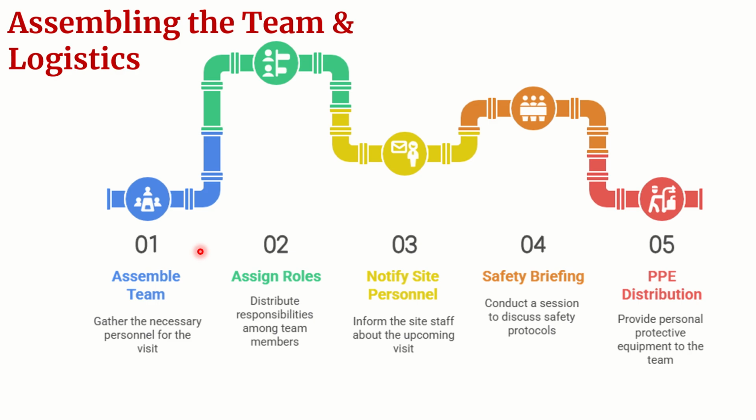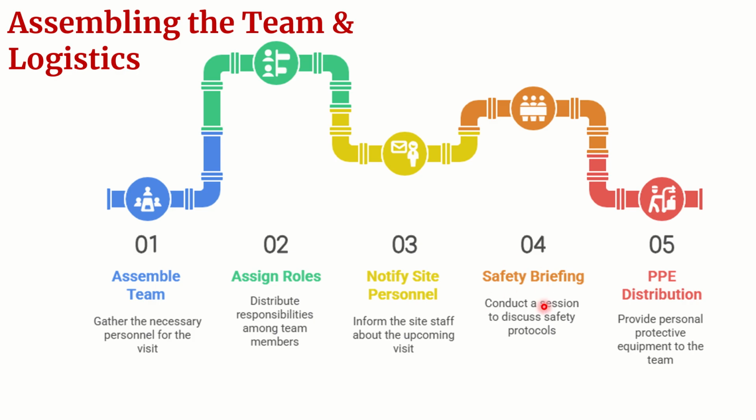Then notify the site personnel. You have to inform the facility management and the relevant departments about the visit, what is the purpose of the visit and the expected duration, and also ensure their cooperation.